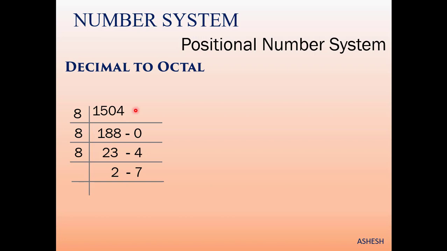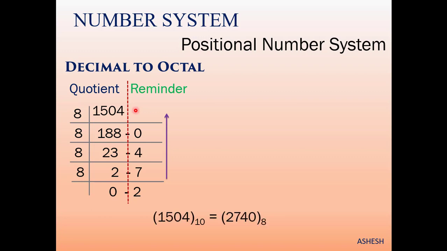Again that quotient 2 will be divided by 8, but it's not possible, so no quotient, only 2 will be the remainder. So our answer is 1504 decimal number equal to 2740 octal.